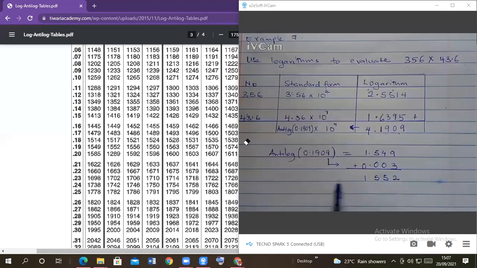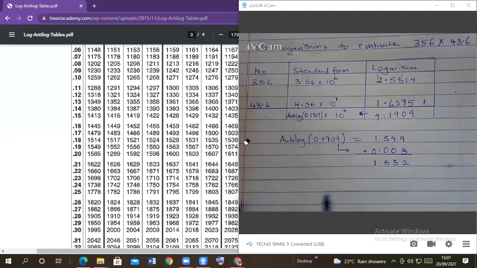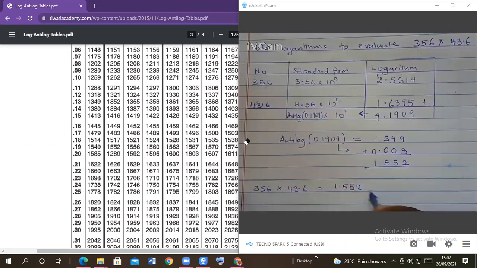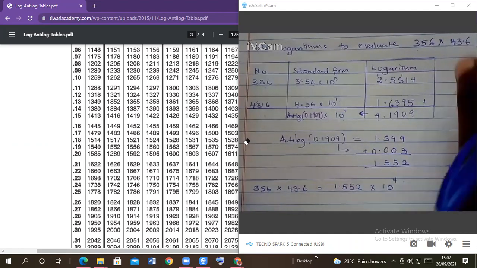So it means that now our answer, when we multiply 356 times 43.6, it gives us this antilog here, 1.552 times 10 to the power 4.